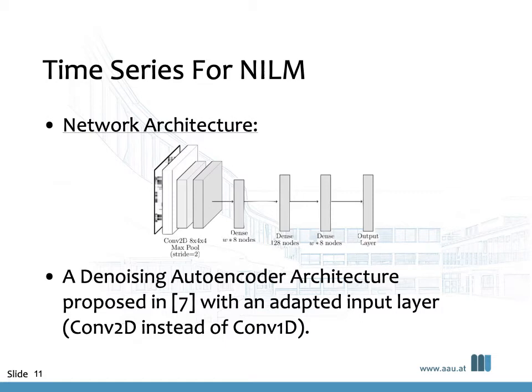The architecture is composed of a one-dimensional convolutional layer as an input layer, which we change into a two-dimensional convolutional layer in the case of our pipeline to take into consideration this new representation of the images. The convolutional layer is followed by three dense layers and an output layer.